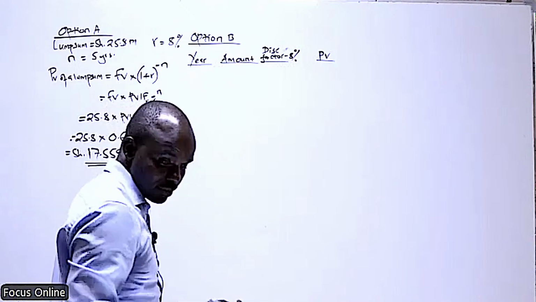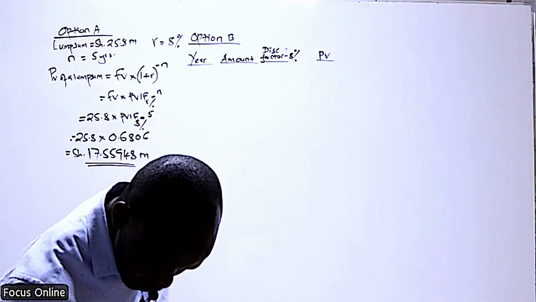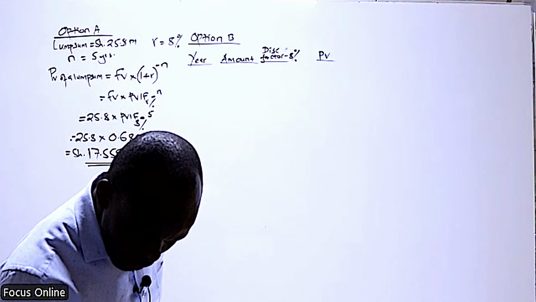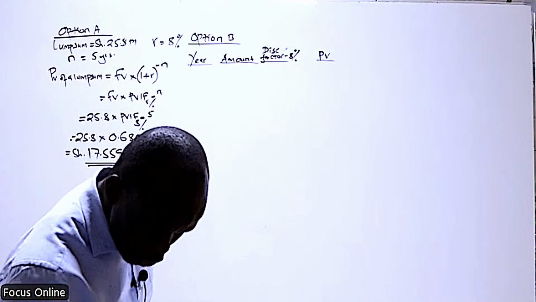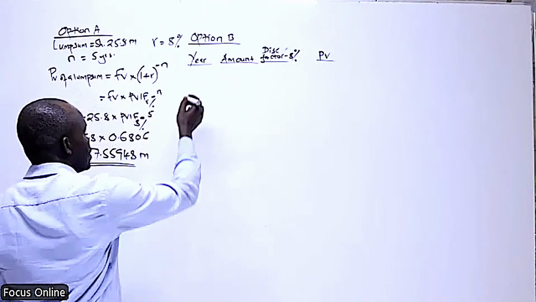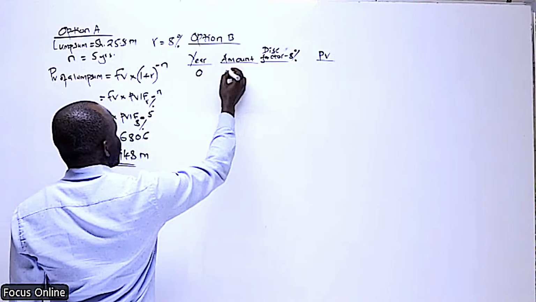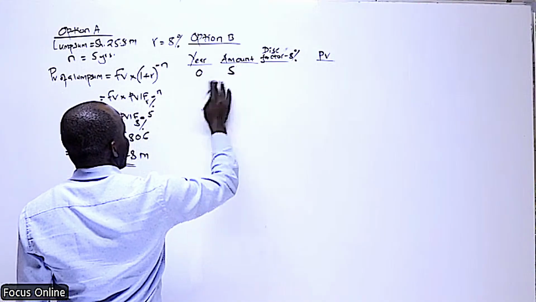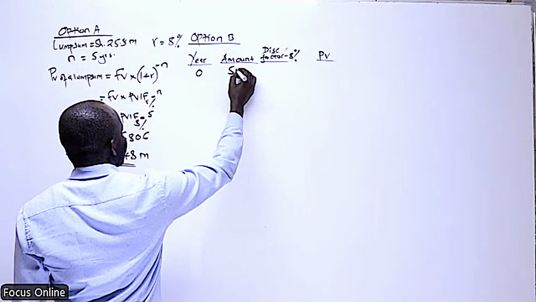The first one: 5 million payable today. Today is year zero. 5 million shillings.